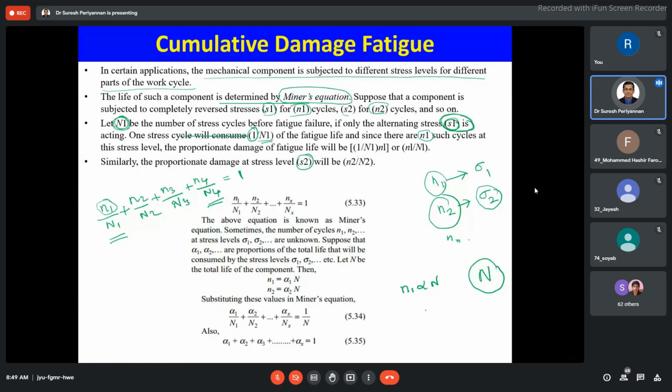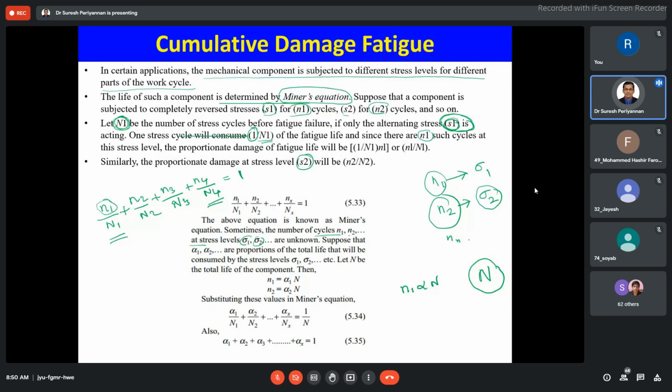Suppose you know the number of cycles n1, n2 at the corresponding stress levels sigma 1, sigma 2, but you may not know the stress levels. If you know sigma 1, sigma 2, you may not know n1, n2.